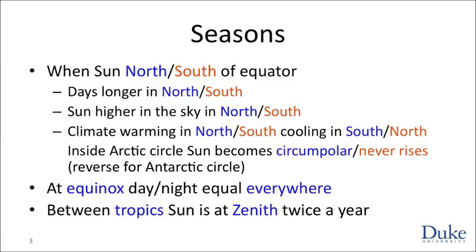The sun's declination over the course of the year ranges from 23.5 degrees south to 23.5 degrees north. What this means is that if you live at a latitude between 23.5 degrees south and 23.5 degrees north, between what we call the tropics, then as the sun's declination changes, there will be 2 days a year at which the sun's declination is precisely the same as your latitude. On those 2 days, the sun will be precisely overhead at your zenith at noon.